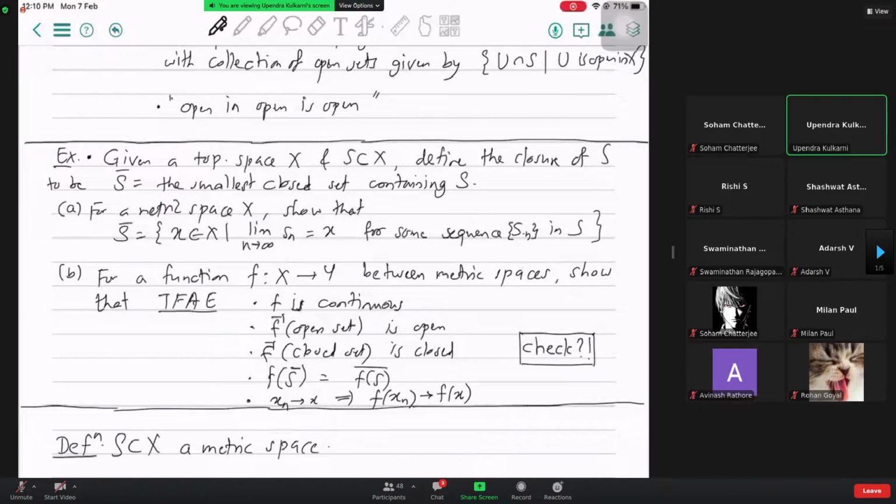Okay, so given a subset of a metric space, what does it mean to be a limit point of that? And it means the following. If X is a limit of a sequence of points in S, that's the idea. But I want to make a small change over here.